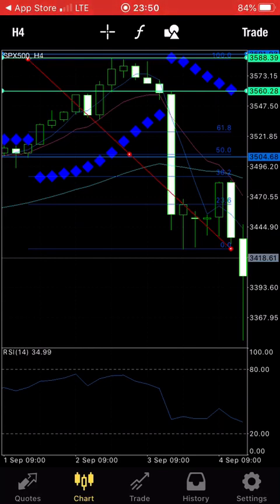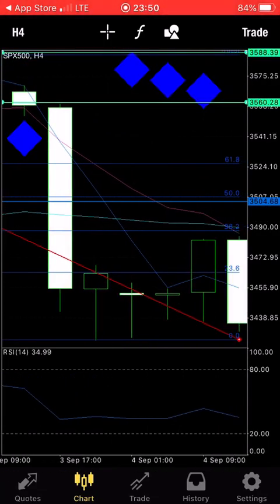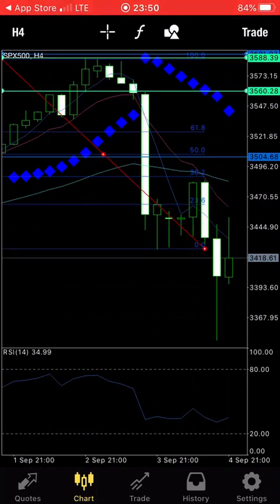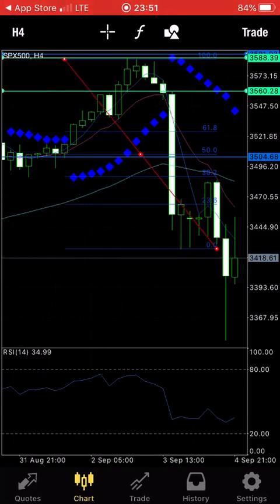So you see how it went down to the 0 Fibonacci retracement area, and then it came back up. Because when it hits those levels, it wants to test the 23 and the 38 fib, and then eventually wants to test the 50 retracement. But it bounced back down. So we'll see.